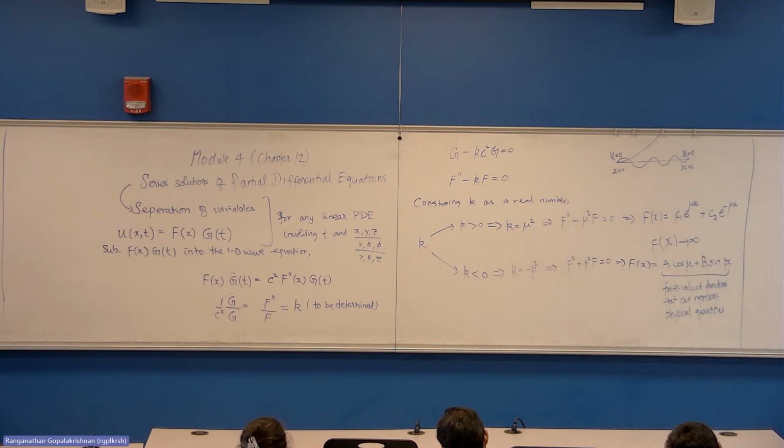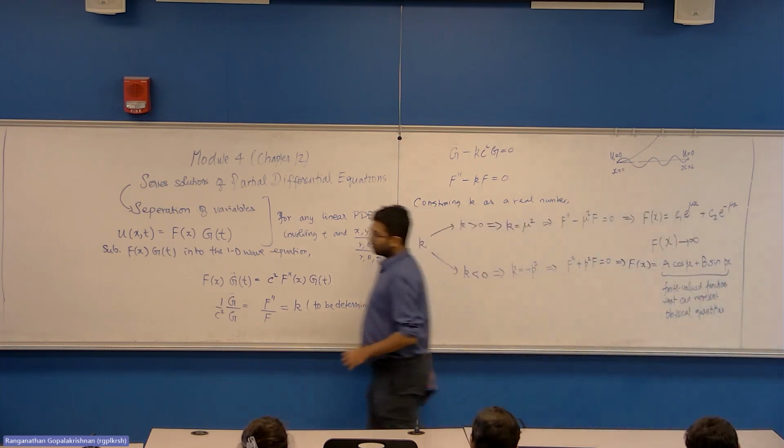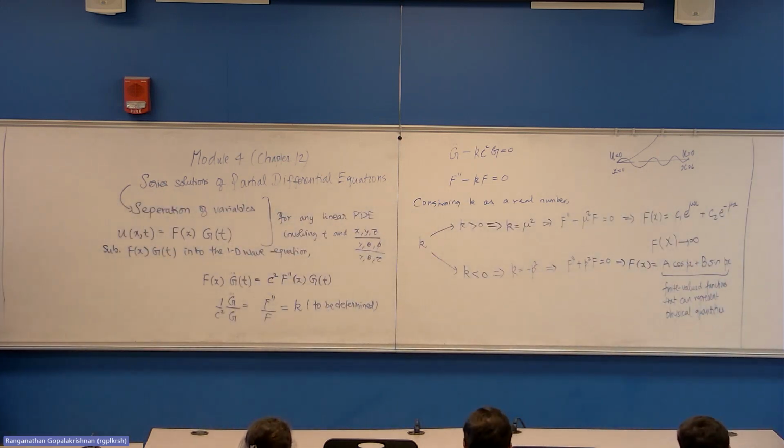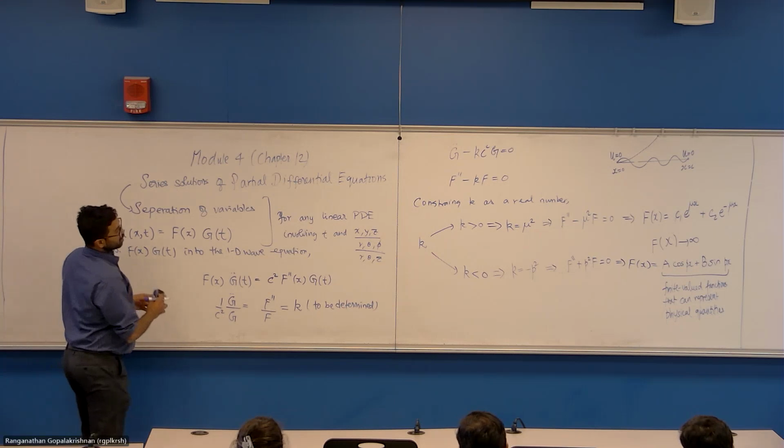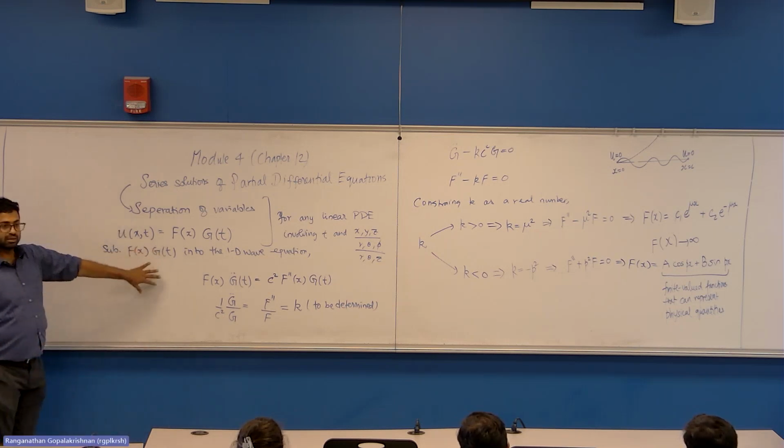So very often we go for solutions that are in terms of trigonometric functions. Okay. So we have f of x equal to a cos px plus b sin px, where we still don't know what p is. P is still to be determined. Okay. Can I erase this?